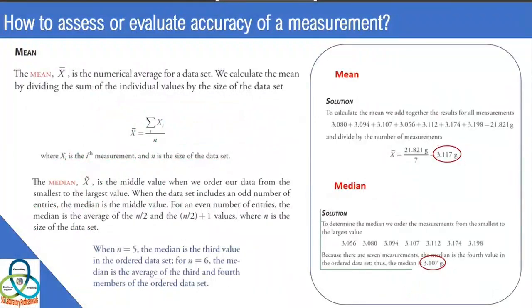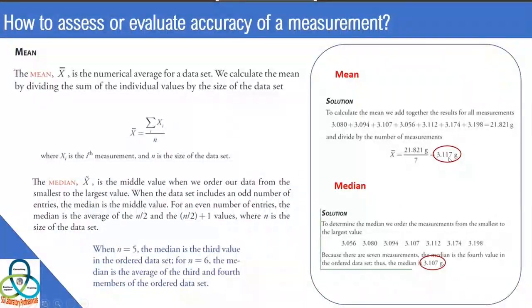Whenever you do this kind of accuracy evaluation, you have to do multiple analyses. When you do multiple analyses, you have to calculate an average or mean value, which is normally done in Excel in most cases, where you sum up all the individual values and then divide by the number of replicates to get the mean value.